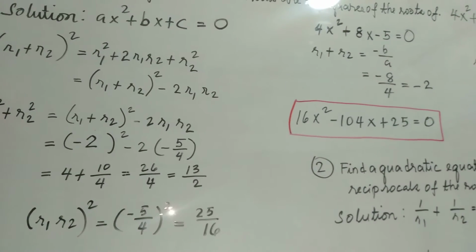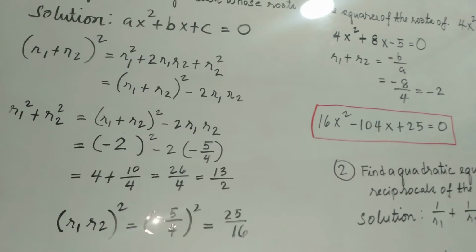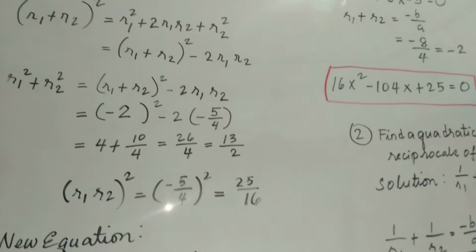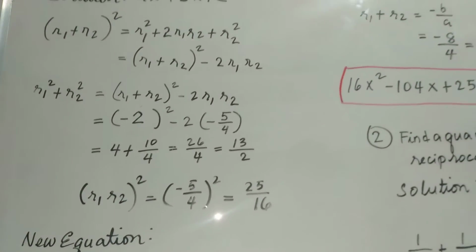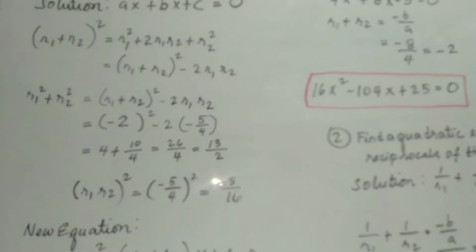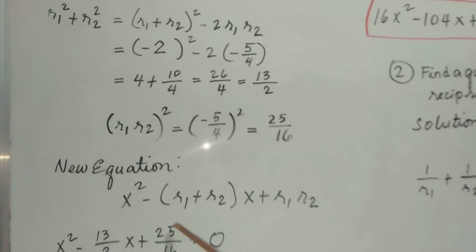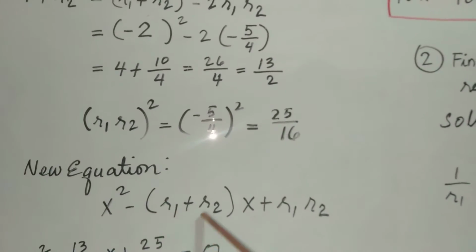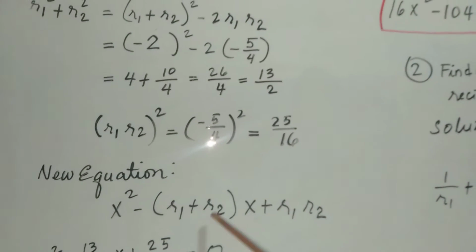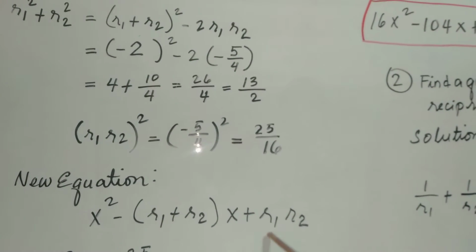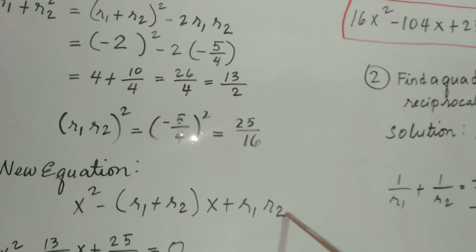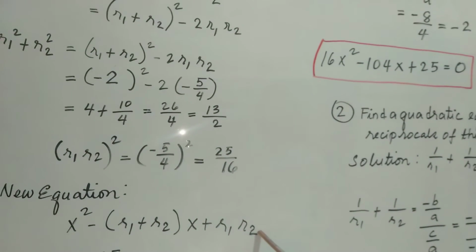So we now have this relation of these roots to the quadratic equation, which is x squared minus the sum of the roots, r1 squared plus r2 squared, x plus r1 r2 squared.